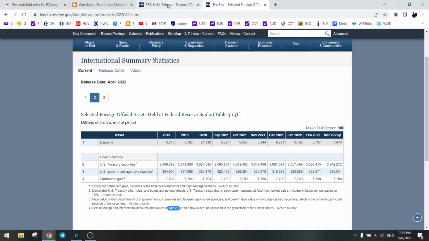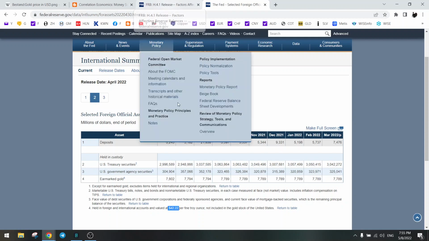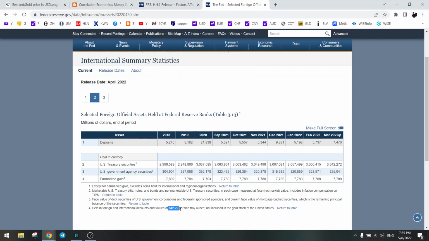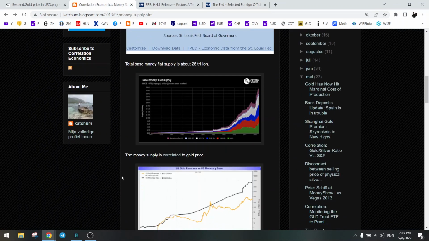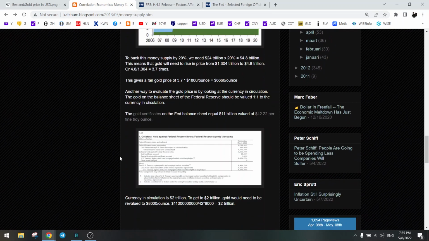So actually you need to divide it by 42.22 and then you multiply it by the current gold price. So let's do that. So 11 billion, okay, we divide it by 42 and then we do it times the amount that the gold price should be, and then we get 2 trillion, and that gold price is 8,000.